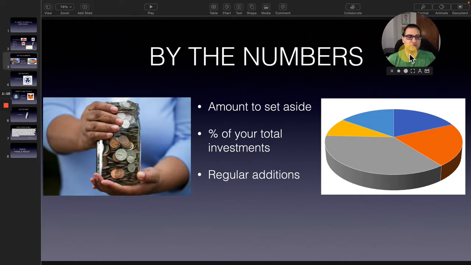So first things first, for those of you who are numbers averse, and I'm not a big numbers guy, even though it may seem like it through this video, but this is very important to do. And what do I mean by numbers? So you need to determine how much money you can set aside to invest in crypto if you're not investing at all. If you are investing, what's the percentage of your total investment?